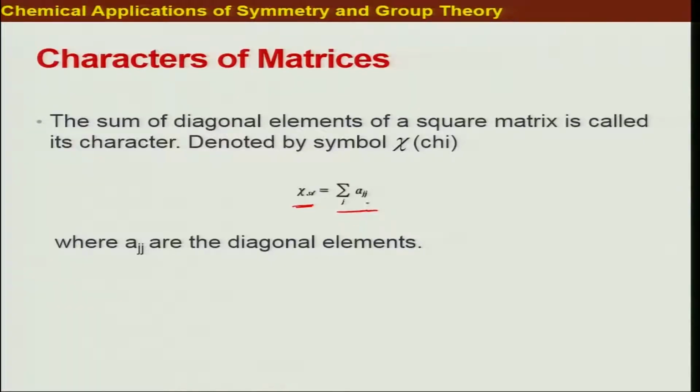For a square matrix, this sum of the diagonal elements, the trace, is also called the character, and there is a definite reason for calling it a character. The matrix itself contains all the information or all the properties of the symmetry operation, but moreover this trace contains all that information and those properties in an even more condensed form.